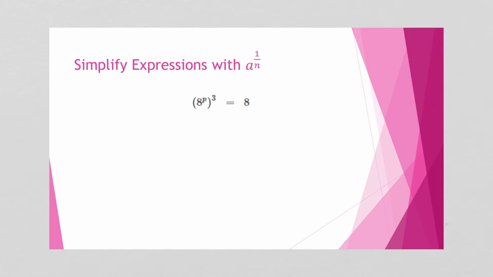So really we have 8 to the 3p power is equal to 8. Well, what is the exponent up here? It's a 1. We don't usually write it, but it is there, okay? If your bases are the same, and we know that these are equal to each other, doesn't that mean that our exponents must be equal to each other?